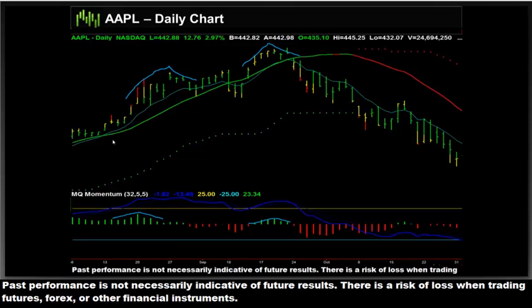But if we're considering doing this as a trend following trade, we want to be on the correct side of the trade, and it's much easier to make profits and have higher percentage trades when we're swimming in the direction of the trend. Basically, that is the way we say it in our room.